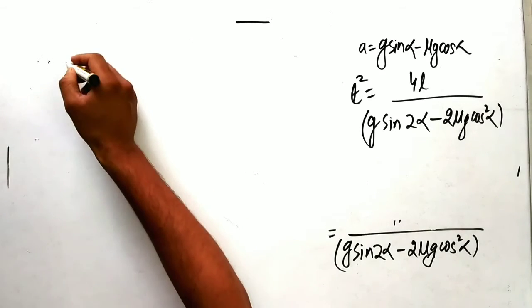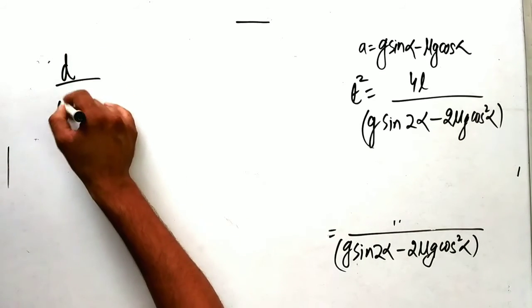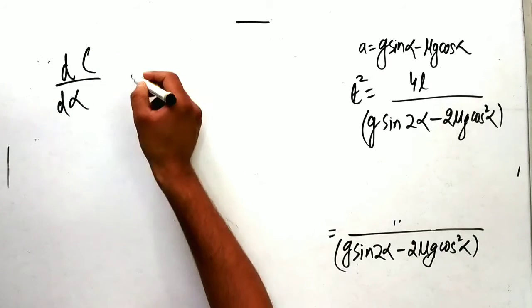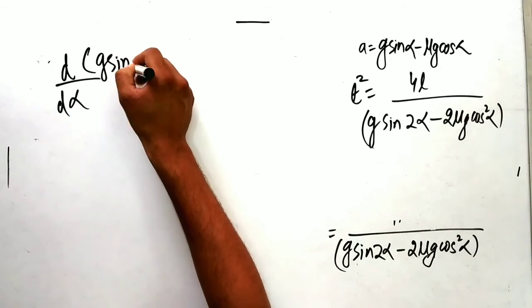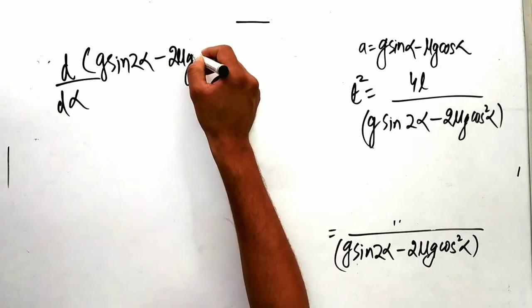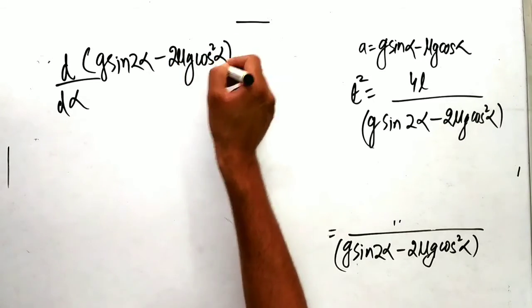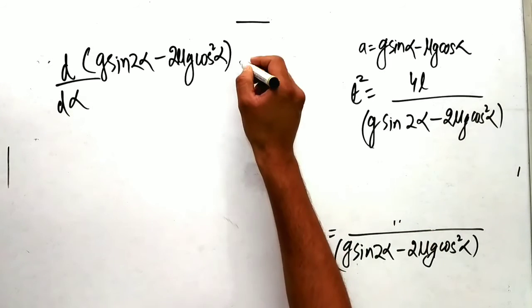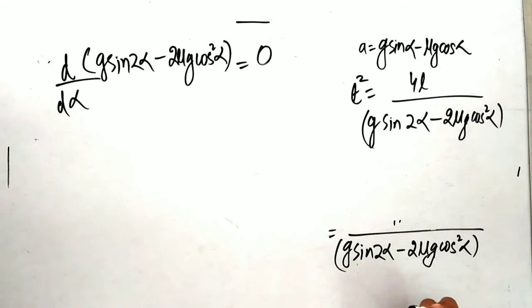So differentiating g sine 2 alpha minus 2 mu g cos square alpha with respect to alpha and equating that to 0. The reason is, to find the maximum value of an expression, we're going to have to differentiate it and equate it to 0.